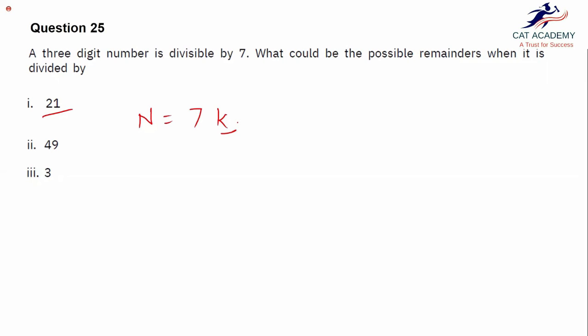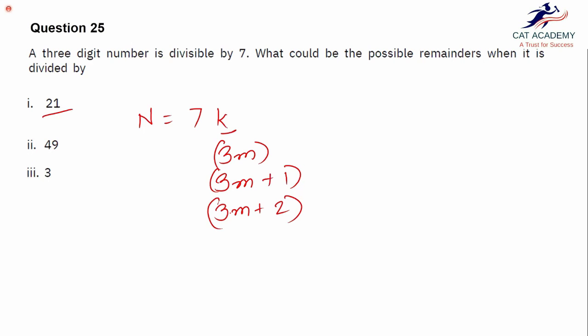So can I say this K, which is also a natural number, should also be of a similar form? That means K, when I divide by 3, should give me a remainder either 0 or 1 or 2. So can I say my K would be like 3m or 3m plus 1 or 3m plus 2? Any general number in the world, you just told me that if I divide it by 3, my possible remainders are 0, 1, 2.